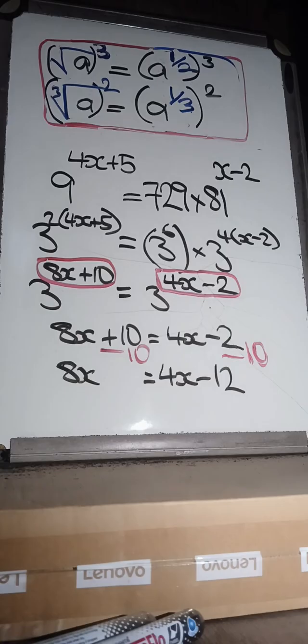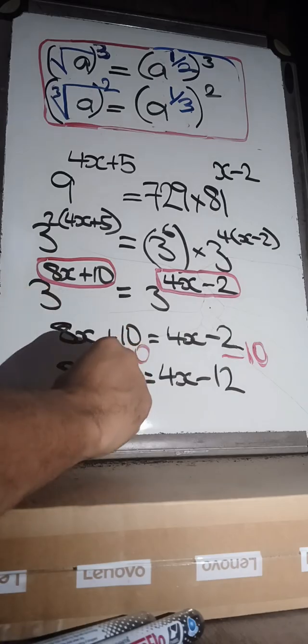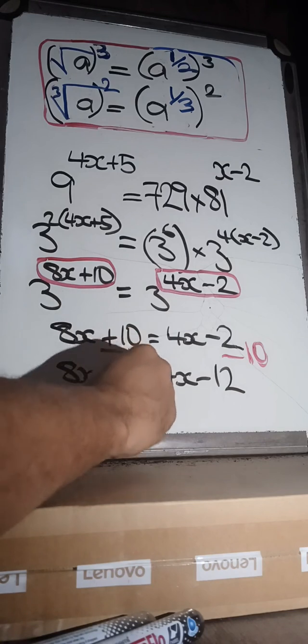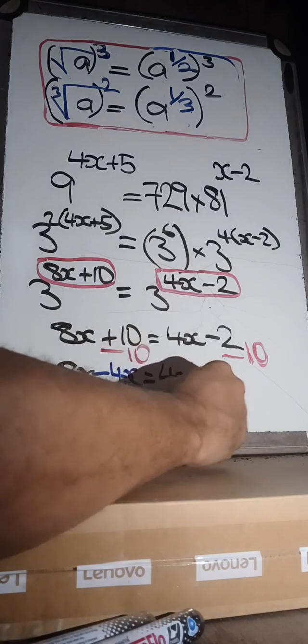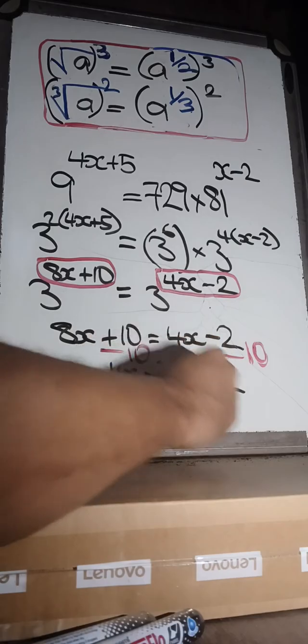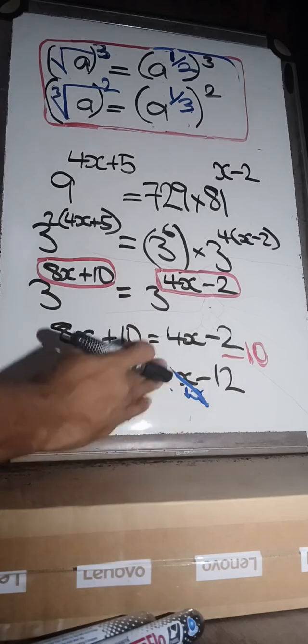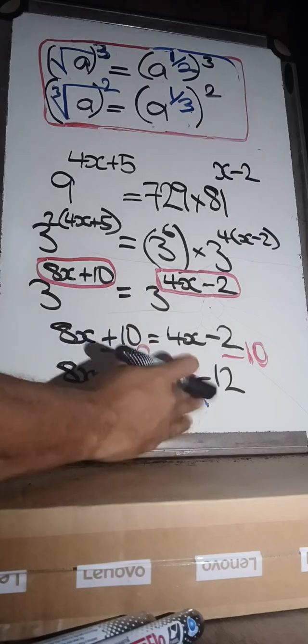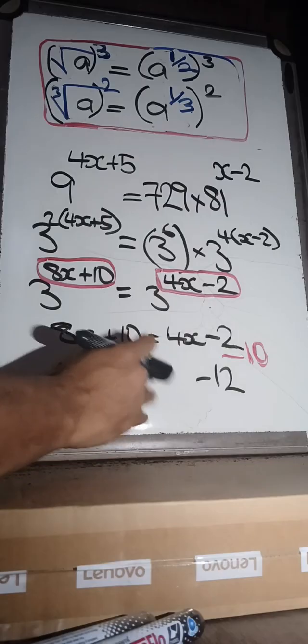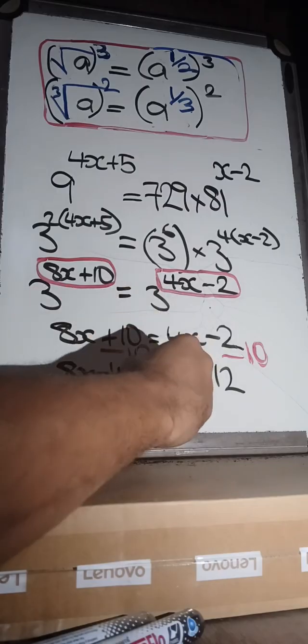Now we're going to minus 4x from both sides. Now we will have 4x is equal to minus 12.